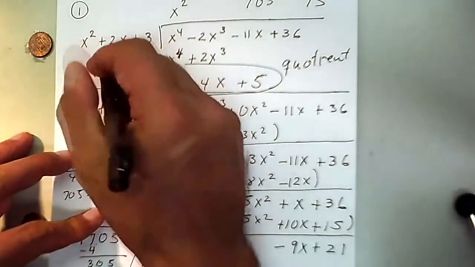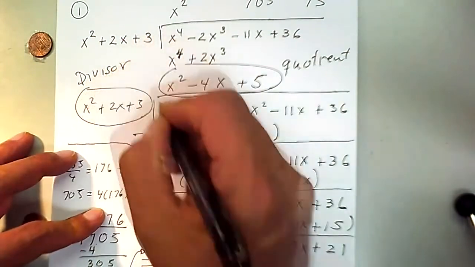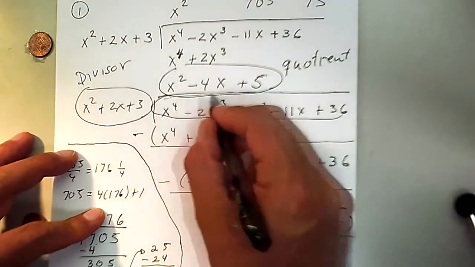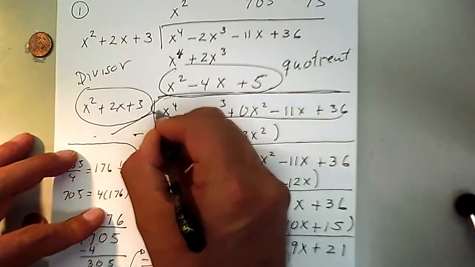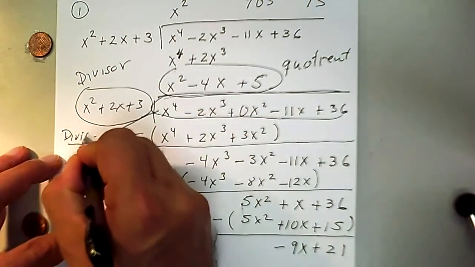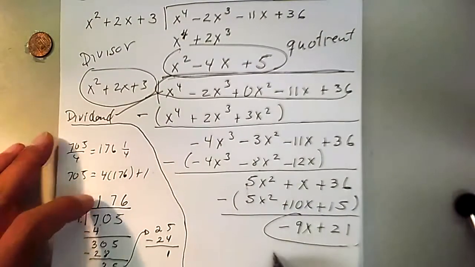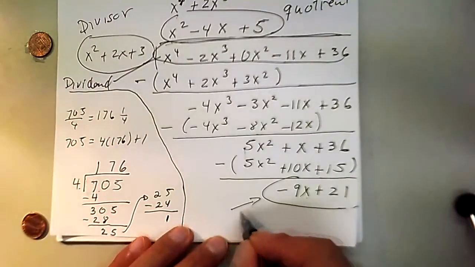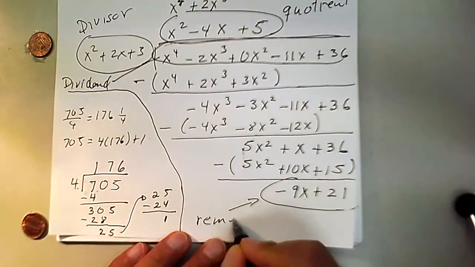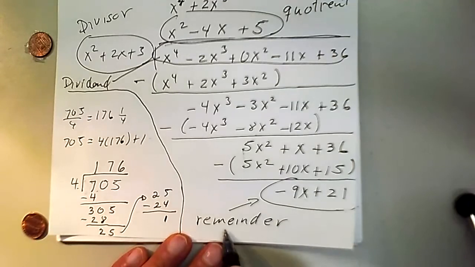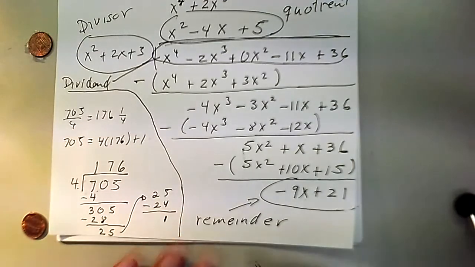Quotient, divisor. The stuff inside the box is the dividend. And this is called the remainder. Not to be confused with reminder.